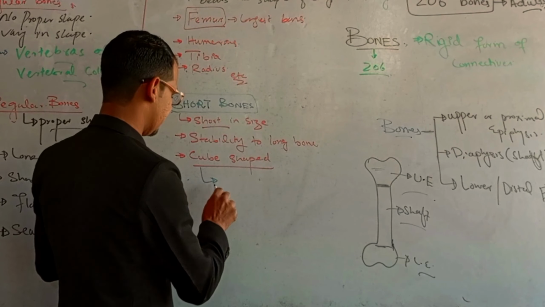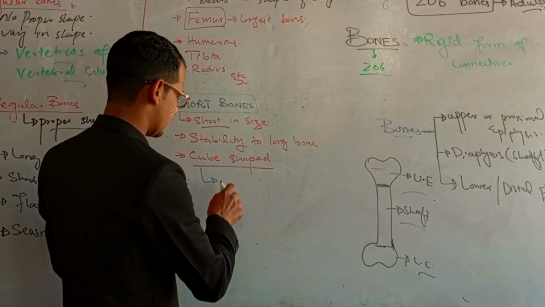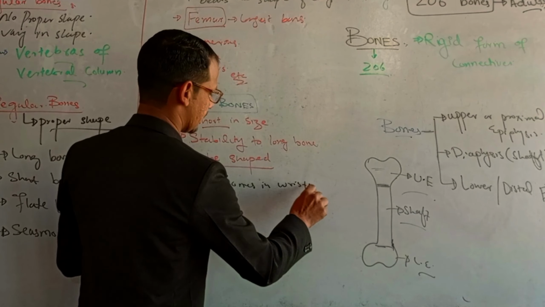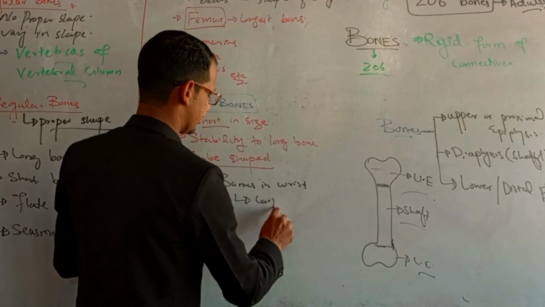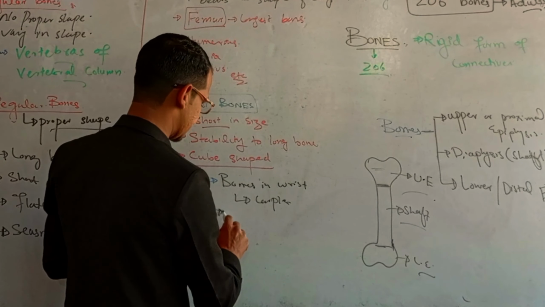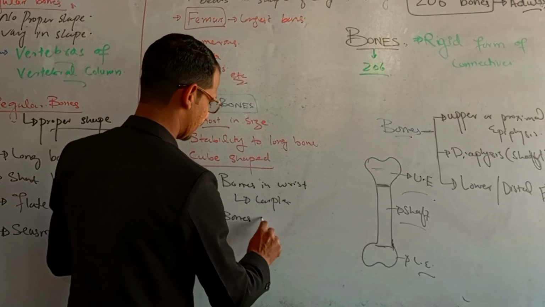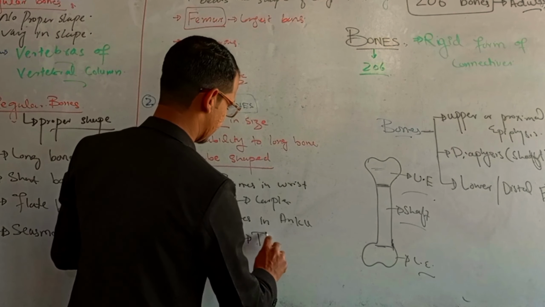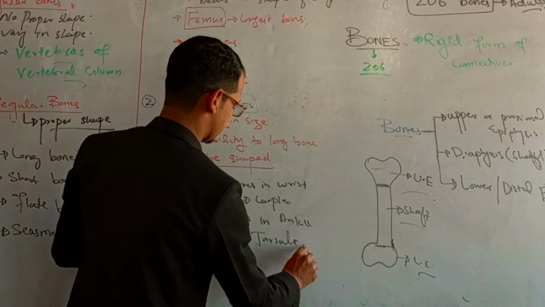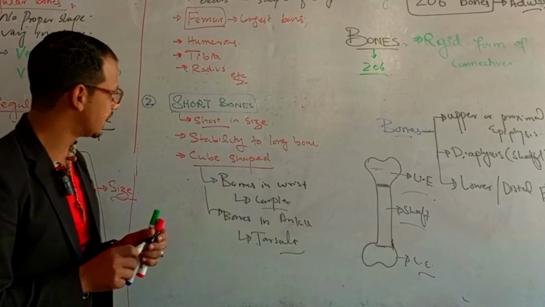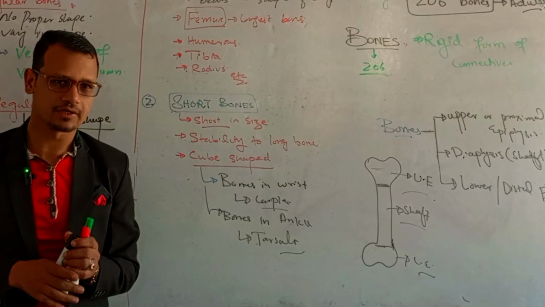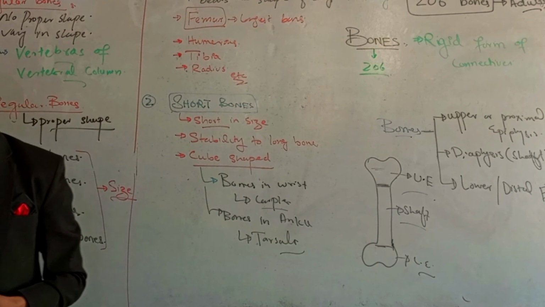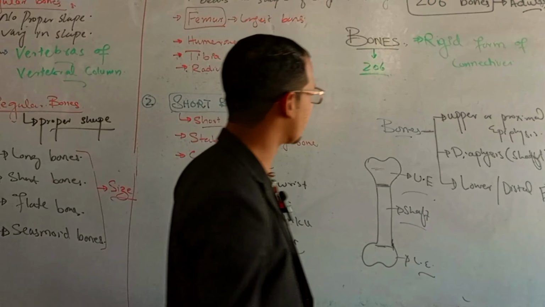The bones in the wrist are carpals, and the bones in the ankle are tarsals. They all are short bones, and they give stability to long bones. They also allow smooth movements for long bones.